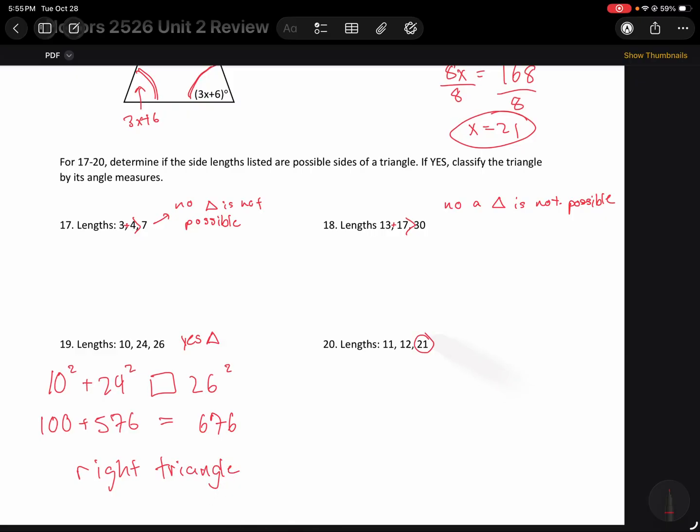All right, this one, our biggest number is 21. If we add my two smaller numbers together, it is in fact greater than 21. So yes, a triangle is possible. But what kind of triangle? Well, we can do a squared plus b squared, and then compare that with c squared.